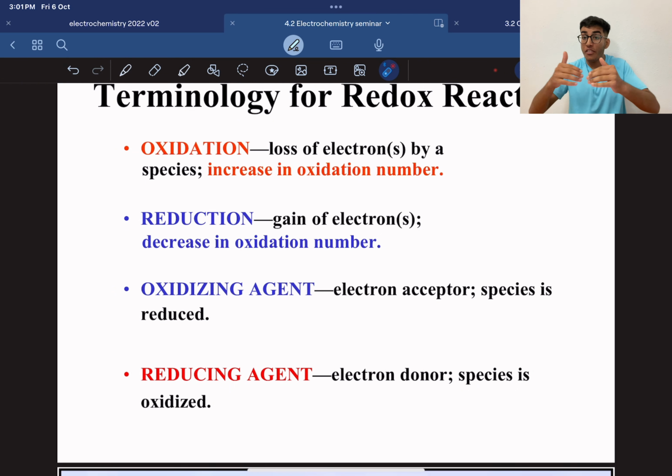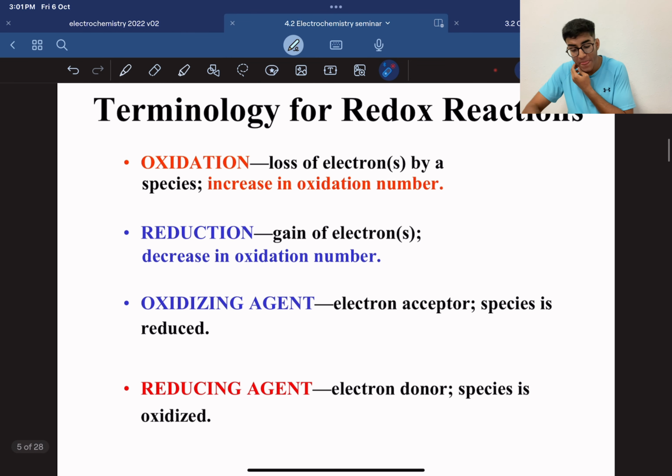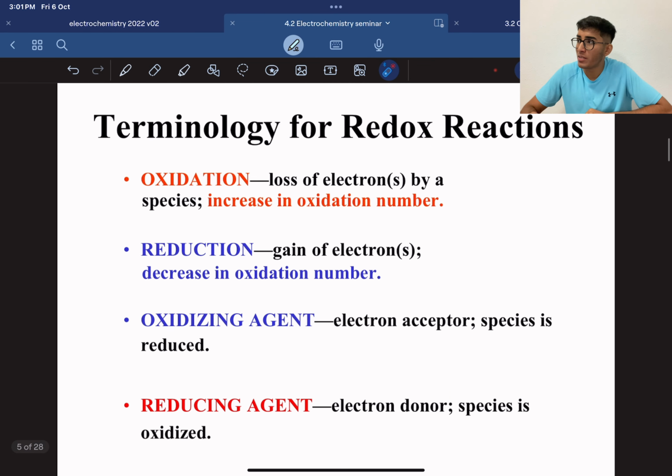But if I am getting oxidized, I will be a good reducing agent. I know there's a lot of contradictory stuff here, but just remember, if I am getting reduced, I will be a good oxidizing agent. Let's look at an example.